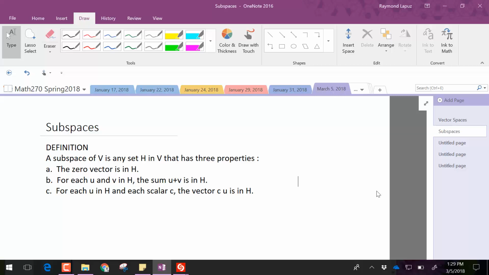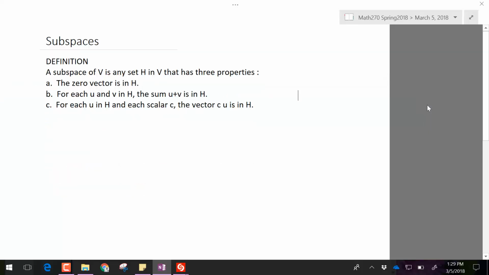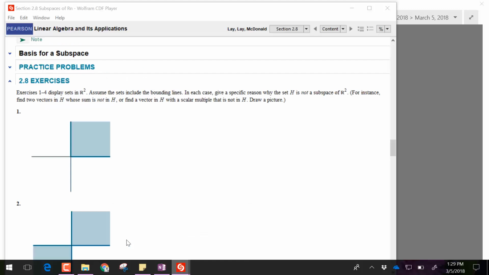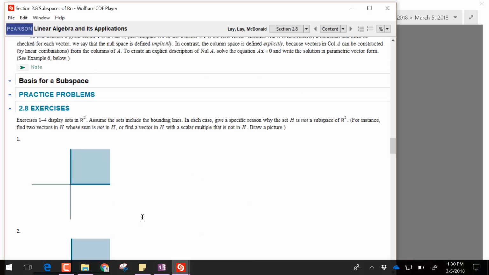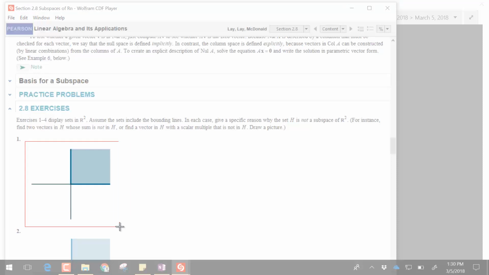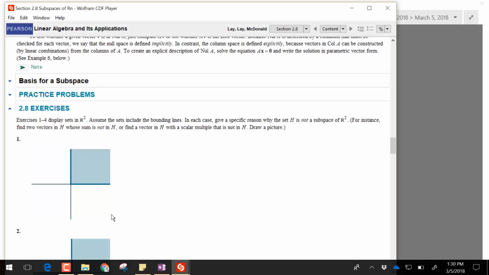Okay. I found some examples in the textbook that I'd like to use, and it's in R2, so we can actually visualize it. So let's take a look at some examples. These problems want us to figure out whether H, a shaded region, is a subspace. Assume the bounding lines are included. In each case, give specific reasons if H is not a subspace.